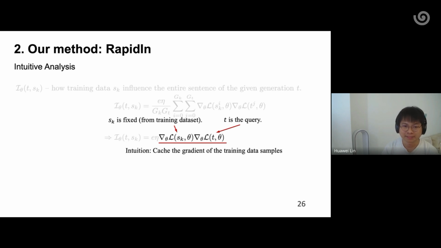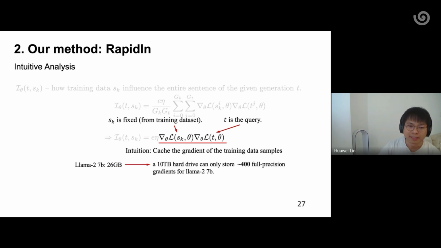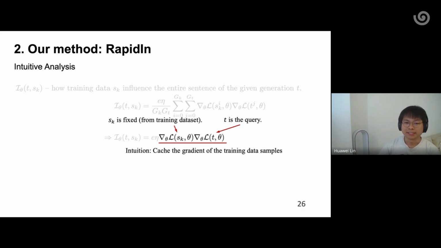So S_k is fixed. After training, we have all the S_k, and T is the queries, because we might have different text generations. So the intuition is that we can cache all the gradients of the training data samples, and then for a query T, we can just calculate its gradient and compute the inner product with the cached gradients, because we know S_k is fixed at training.